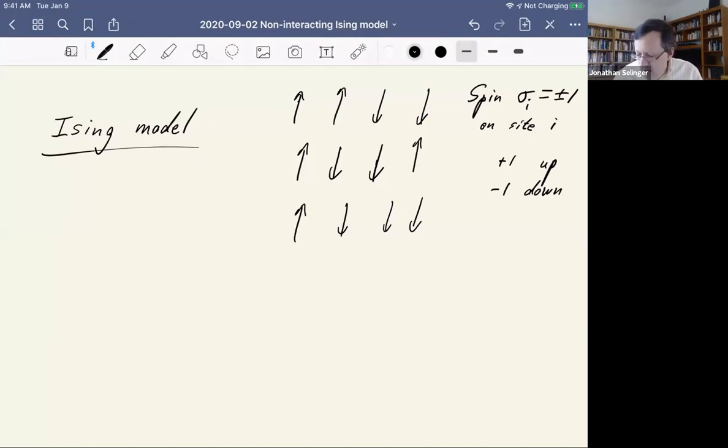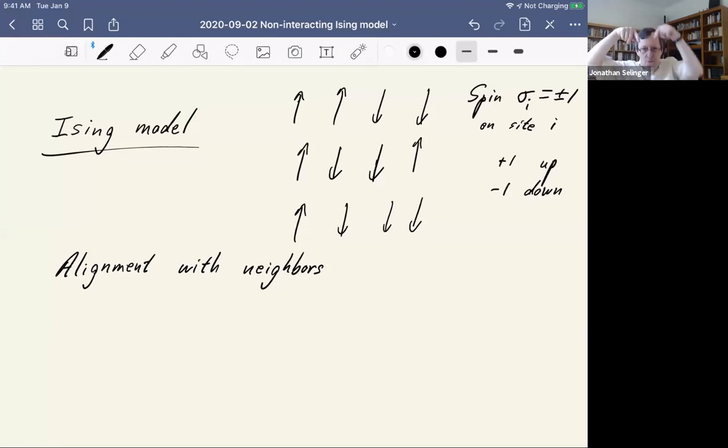Now, there are two important influences acting on the spins in this lattice. One important thing is that the spins tend to be aligned with their neighbors. Because the spins tend to be aligned with the neighbors, we want to say there's a nice, favorable, low energy if the two neighboring spins are pointing the same way, if they're both up or they're both down.